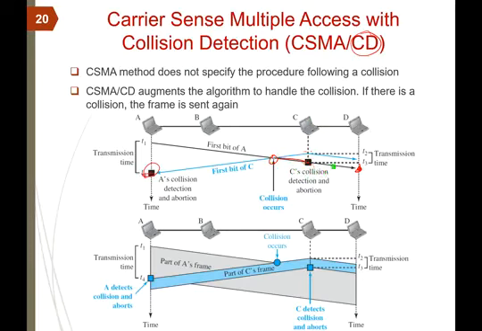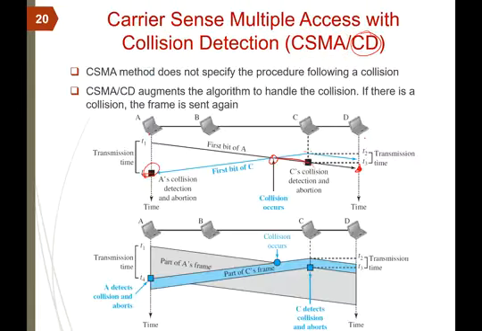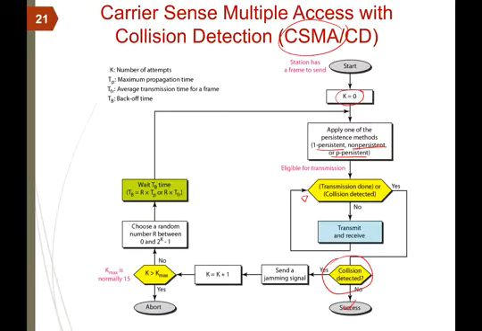So C will send a jamming signal, okay? So D, B, A, all will receive the jamming signal. The jamming signal is to inform the other stations that a collision happened so that they stop transmitting their data. So when a collision is detected, any of these stations, if they detect a collision, will send a jamming signal to warn the other stations that there is a collision happening.